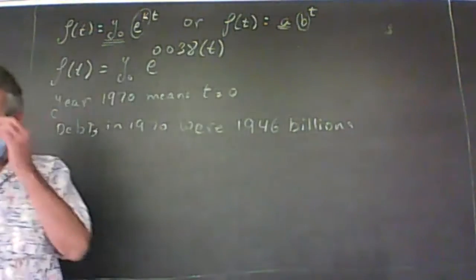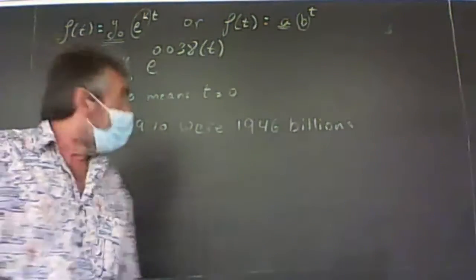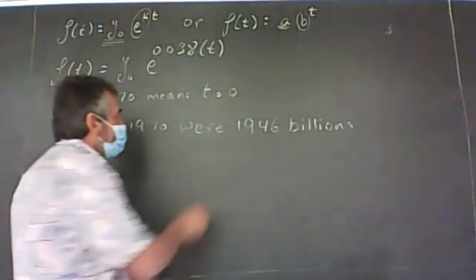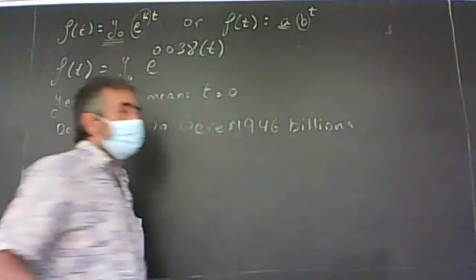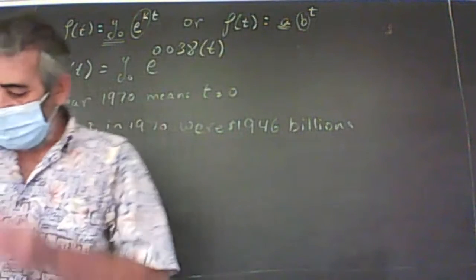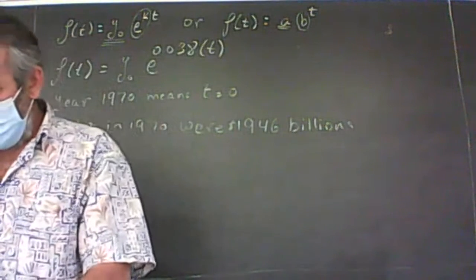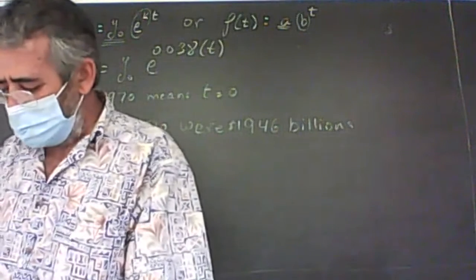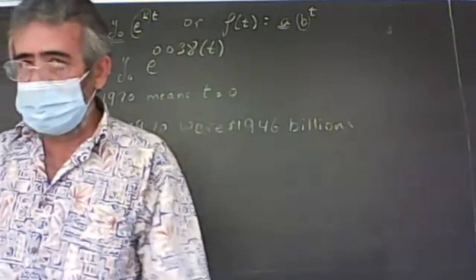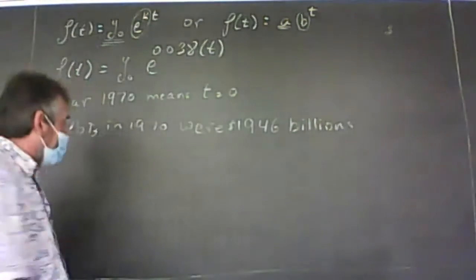So in 1970, the debt was $1,946 billion. The question is, find the total amount in the year 2017.